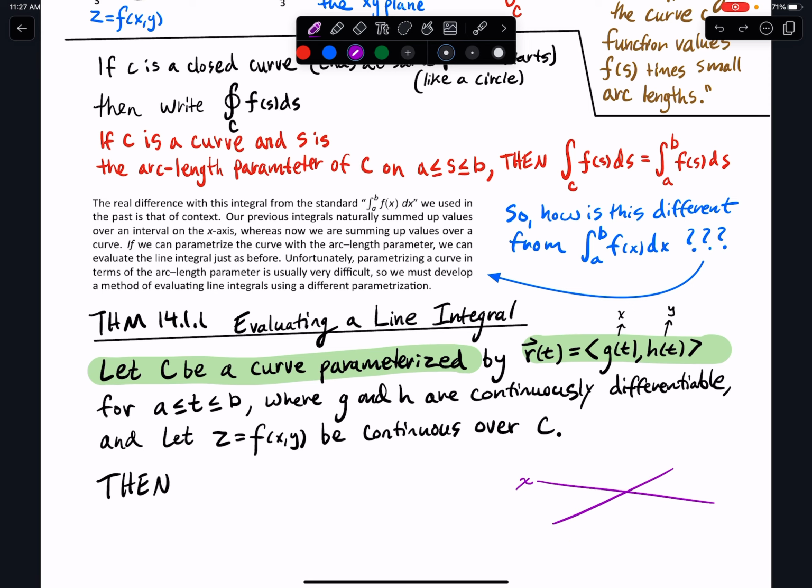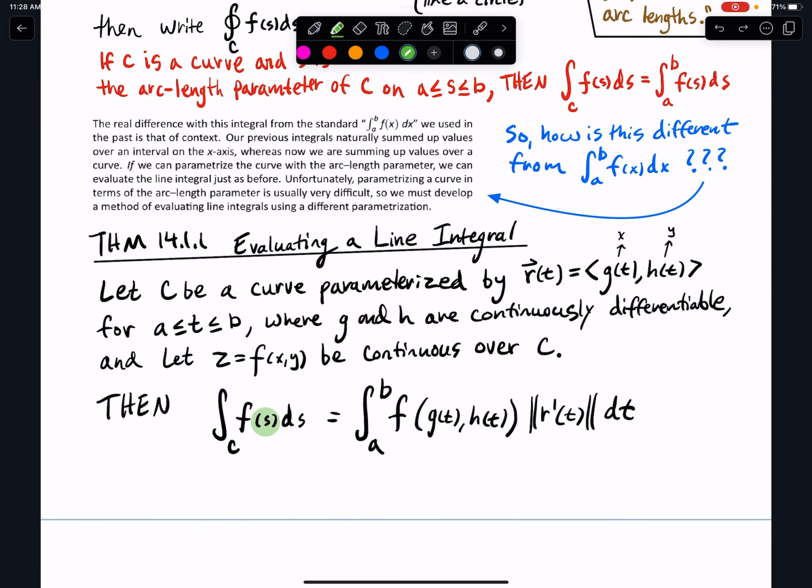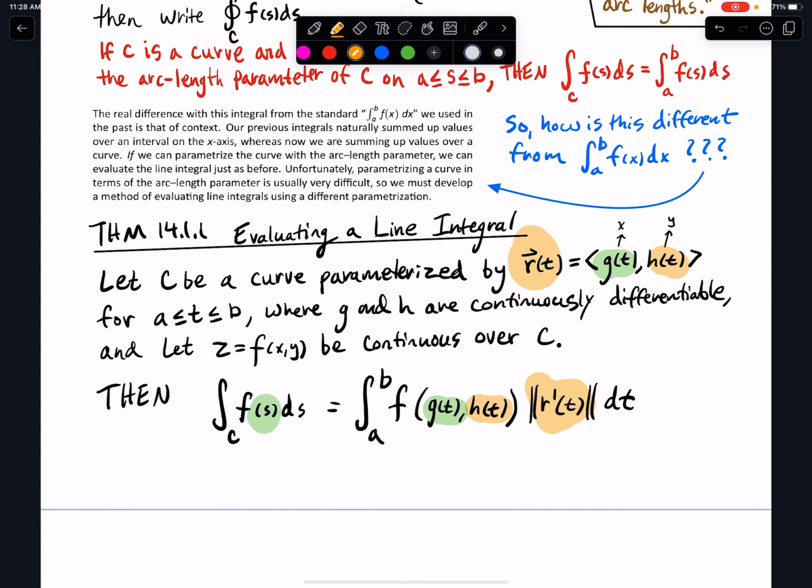So if I can parameterize, then that terribly difficult arc length parameter goes away, and in its stead, I can replace the first component, g of t, with that first component there, that second component, h of t, with that component there, whatever that function is, and then evaluated, multiplied by the magnitude of the velocity, the derivative of that parameterization with respect to t.